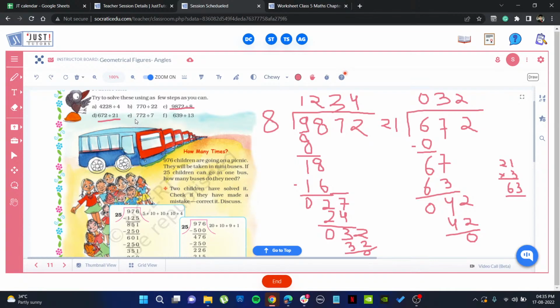Now let's solve for E, in which we can see that 772 is getting divided by 7. Let's solve it here.